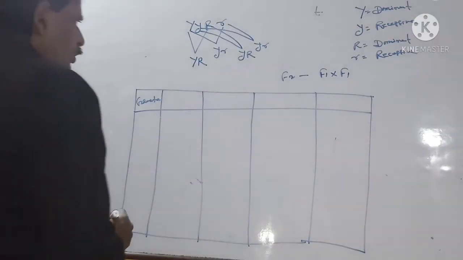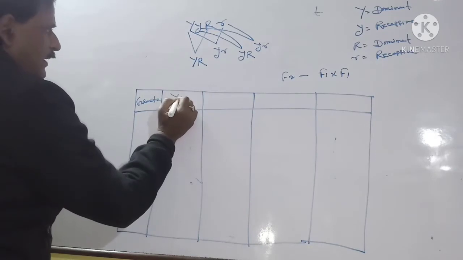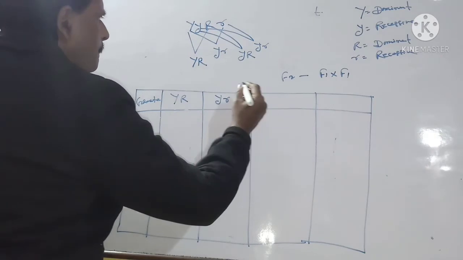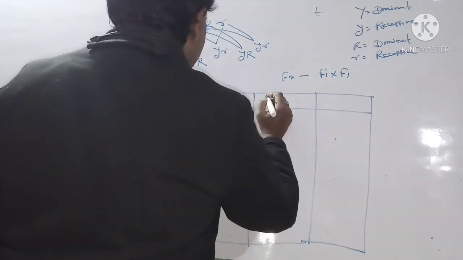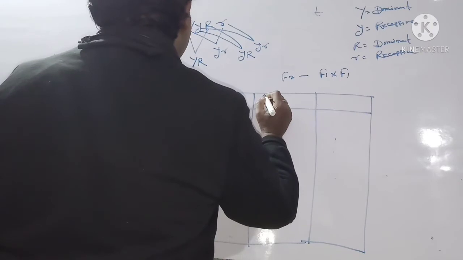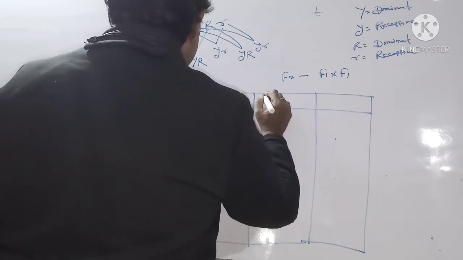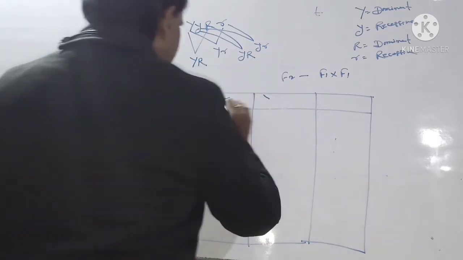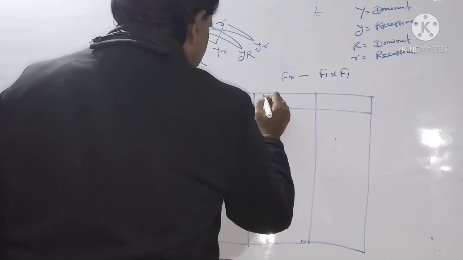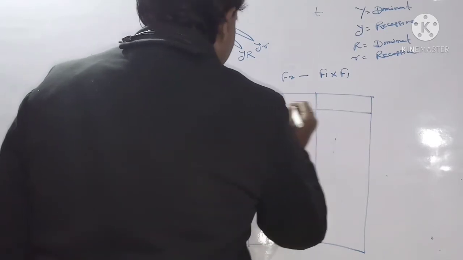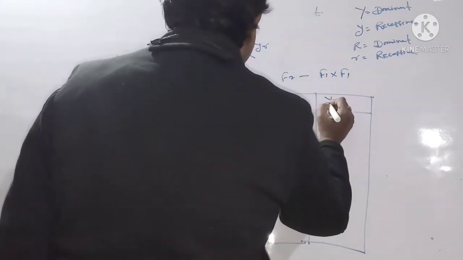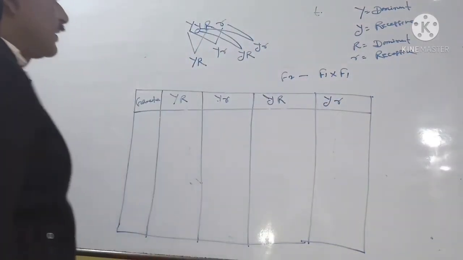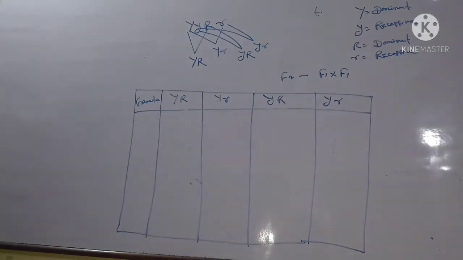On one side, draw capital Y, capital R, capital Y, small r, small y, capital R, small y, small r.